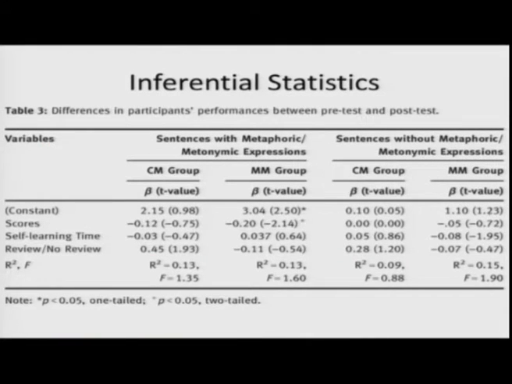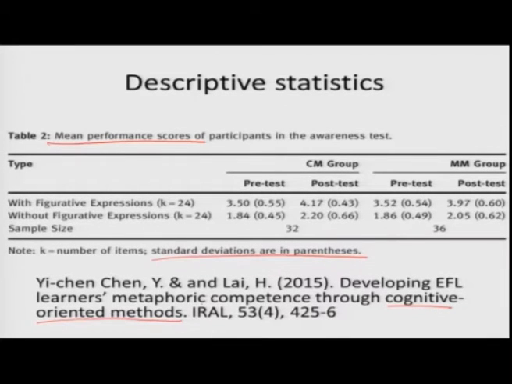This is an example of inferential statistics. They have run a t-test and details about it are given. These tell you whether the mean scores you have got mean something else.